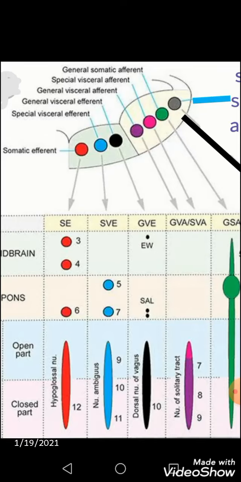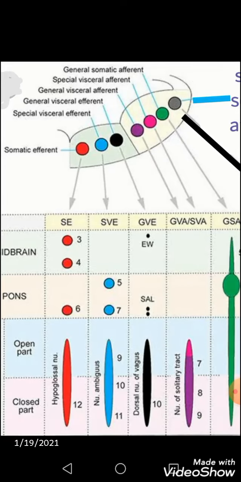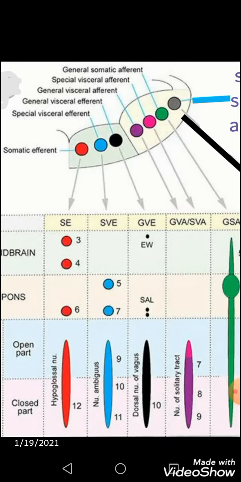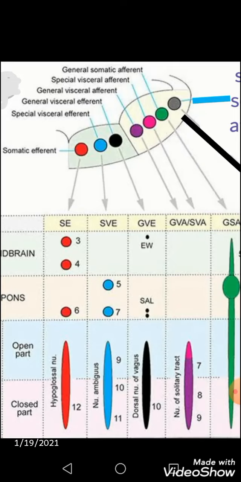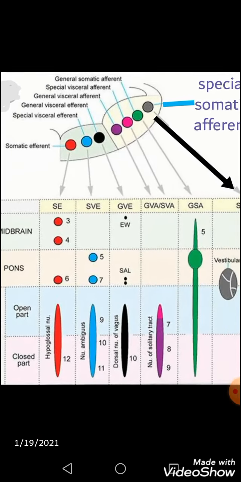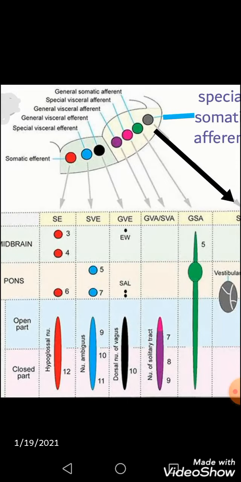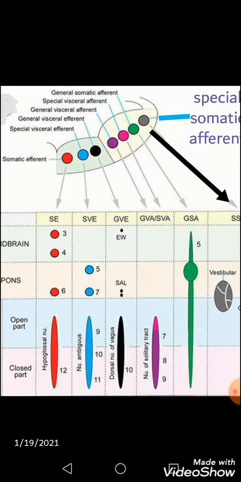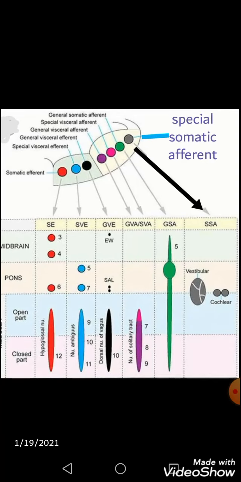But now each column has to break up into small fragments to form various nuclei of the cranial nerves. That is why we expect almost every cranial nerve to carry these afferent and efferent components. So the flow chart shown in the lower portion, we have to concentrate on it.